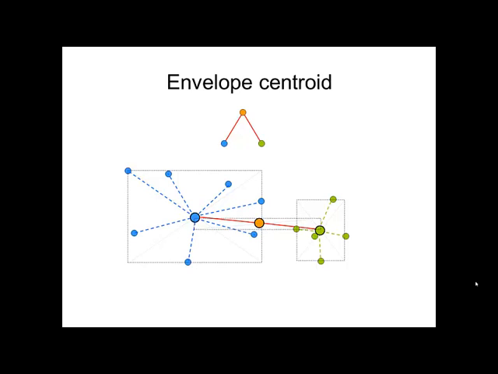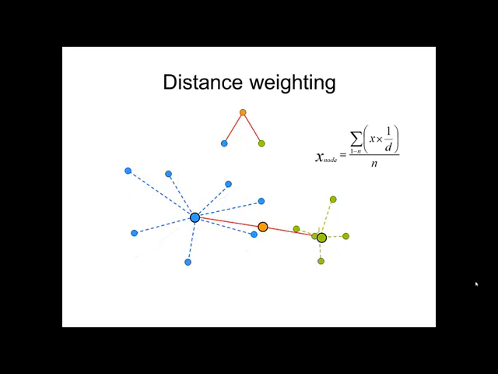For the internal nodes, we then take the bounding box. We can either take the bounding box of the tip nodes, or we could take the bounding box of the observations, and we can put our internal node at the centroid of that bounding box. And we can build that up until we've built up our entire tree. So that's one way of doing it.